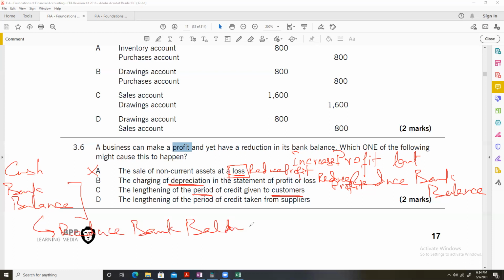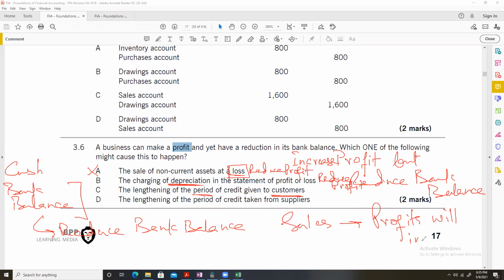But when you make sales to your credit customers, what will happen? Your profits will increase.